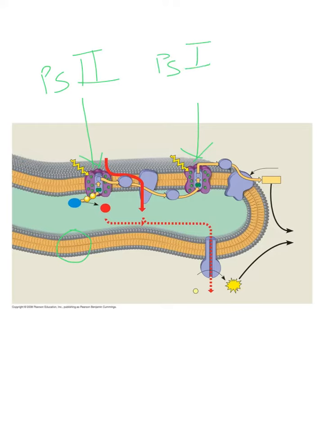Why did I mention 2 before 1? Well, when they first discovered these things, they didn't know quite what they did, and photosystem 2 was discovered after photosystem 1, and we're just kind of stuck with the names. So, deal with it, dude.